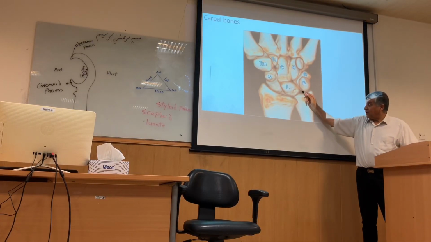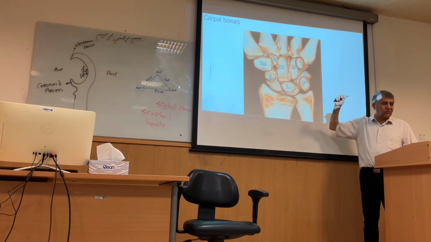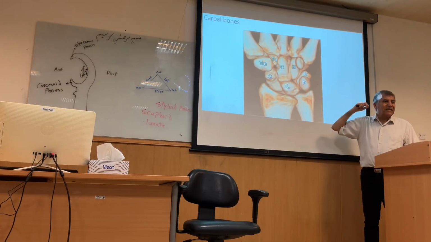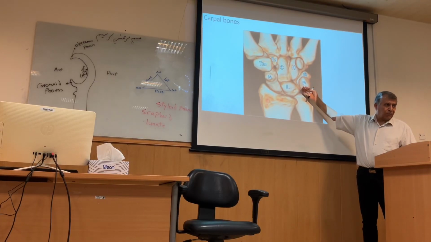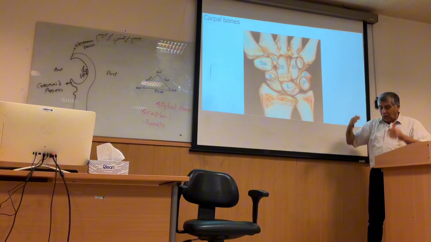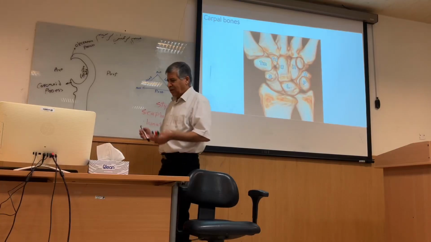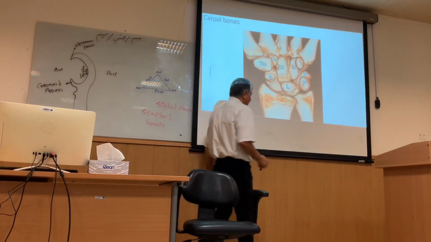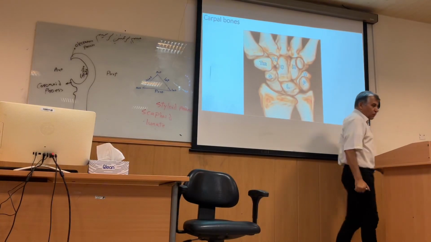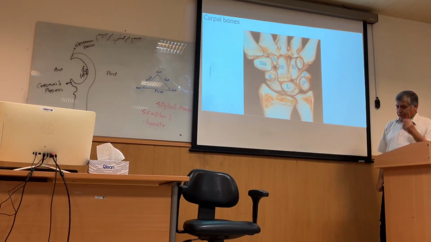This area is empty and occupied by a fibrocartilage structure called the disc, between the ulna and carpal bones. Lower end of the ulna doesn't contribute to formation of the wrist joint and is separated by the fibrocartilage disc.